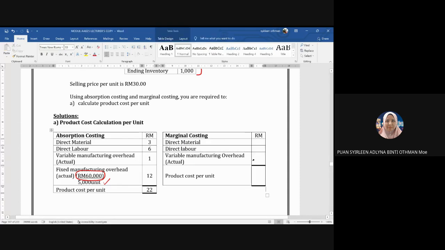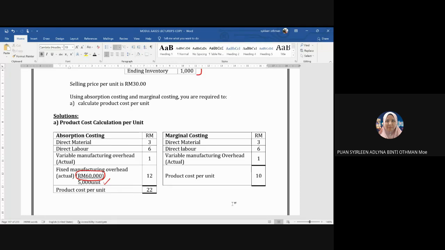Okay, so my variable cost per unit ataupun marginal cost per unit, the product cost will be RM10 without the fixed manufacturing overhead. Okay, so you nampak dekat sini product cost untuk absorption, nilai dia lebih tinggi dari product cost untuk marginal. Okay, kenapa? Nanti kita tengok why.